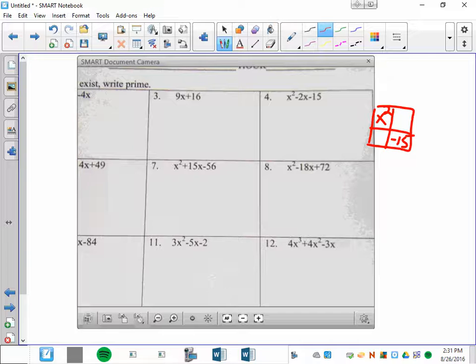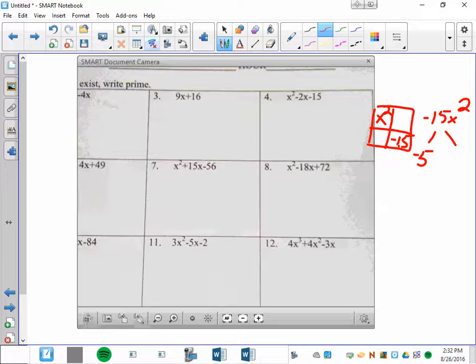Hang on. Multiply them together. You have to multiply the first and the last together. Now, sometimes you don't need to, but sometimes you have to. So I multiply x squared and negative 15, I get negative 15x squared, and then I factor it. Are there factors of negative 15x squared that add to be negative 2?